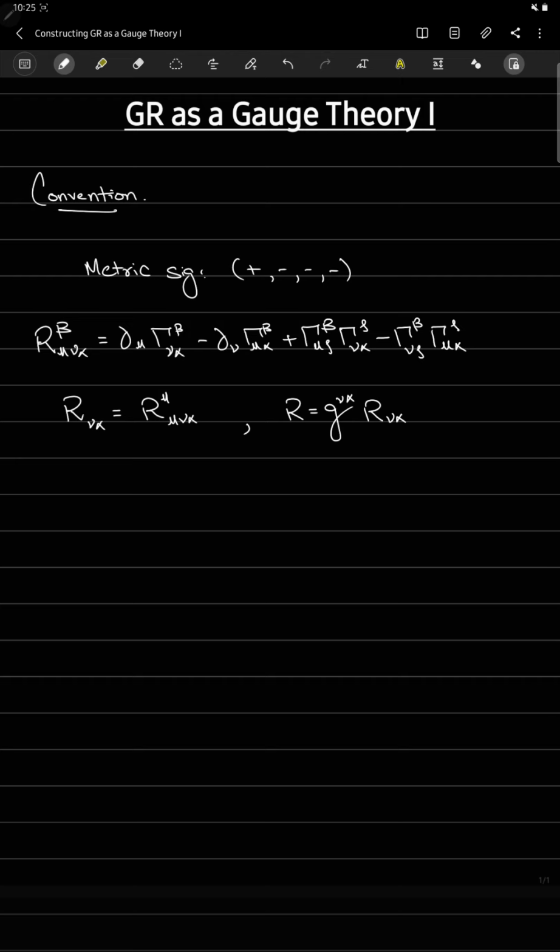Now I'll also define something called the general relativity coupling constant, kappa, where kappa squared is equal to 32 pi times G, where this G is the universal gravitation constant, Newton's gravitational constant.